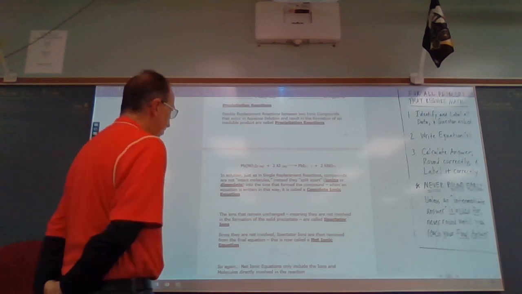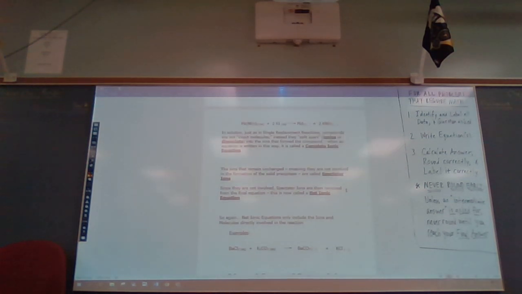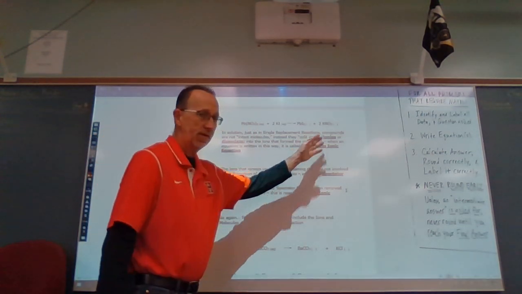All right, precipitation. So let's advance the screen to the next page and look at this one. Here we have double replacement.